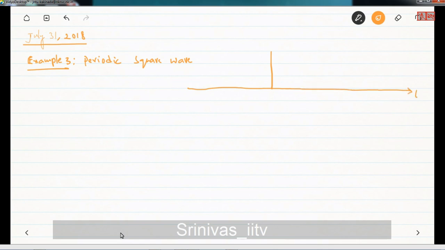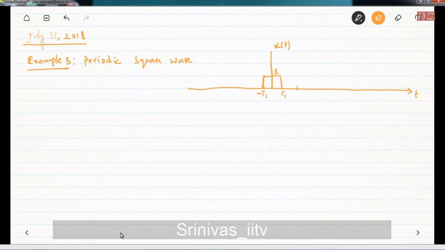So this is the time axis, and here we have plus T1 and minus T1, and this amplitude is 1. Let me write this as x of t.